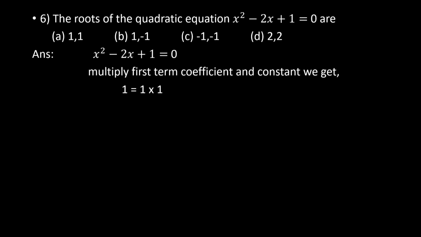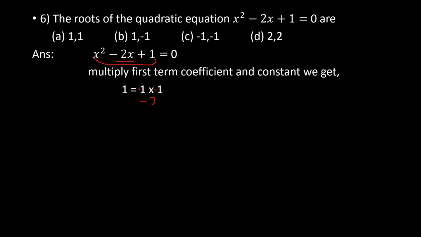And we need to see the middle term, which is minus 2. So we need to get minus 2 by adding these numbers, because the numbers we are multiplying should add to give 2. But here we have 1 and 1. How will we get 2? We need minus 2. So therefore we will take minus 1, minus 1. Then we will get minus 2. Minus into minus plus 1 into 1 will get 1. So we are getting the multiplication and the middle term.